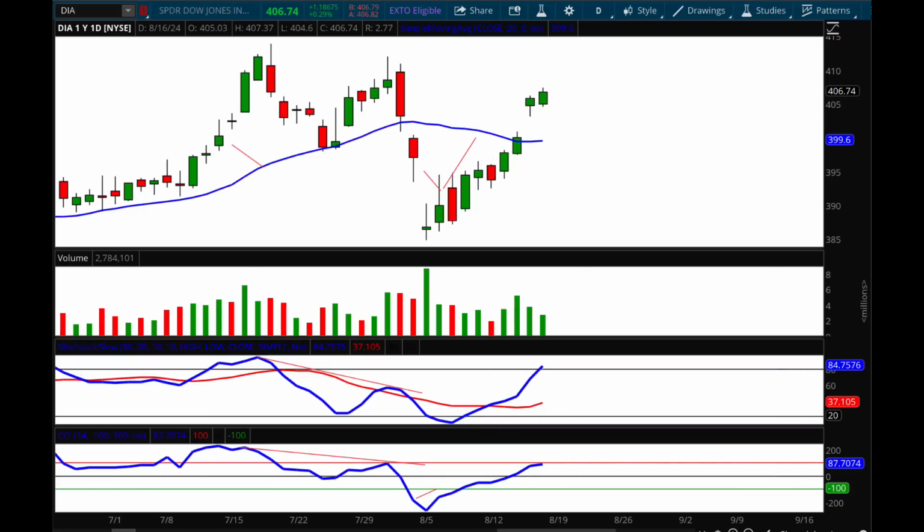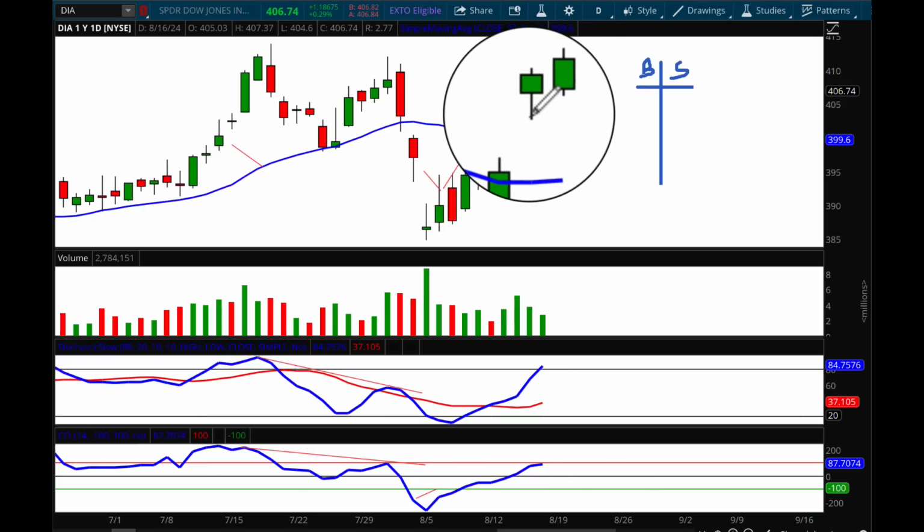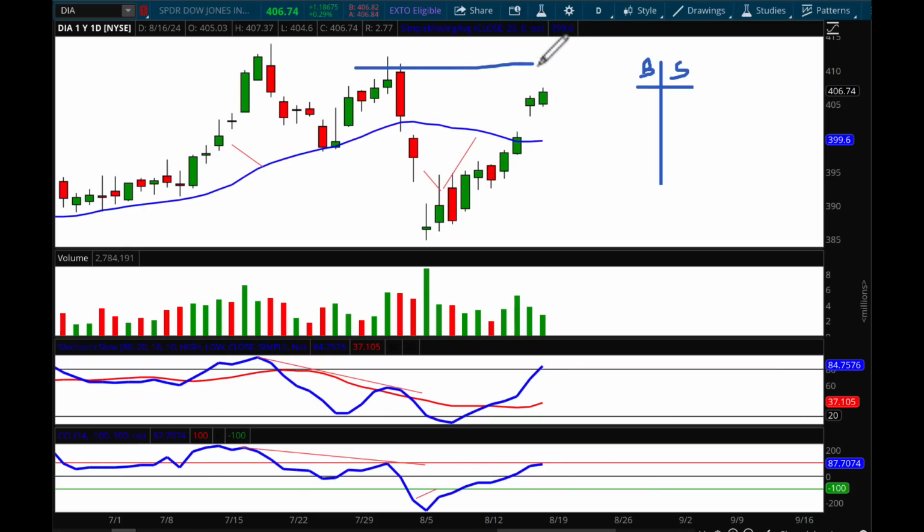Well, let's take out your trading checklist and mark off the buy versus sell signals. Looking at the candle right here, that's very close to a spinning top, but yesterday was closer to a hanging man. This is all happening at a resistance point above the market up there around 410.